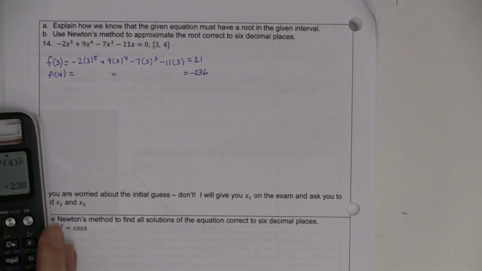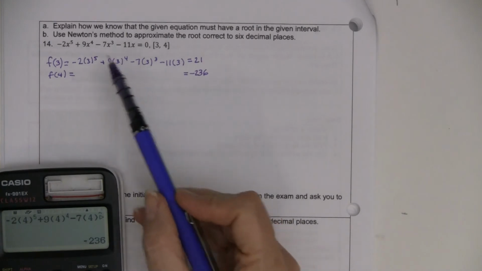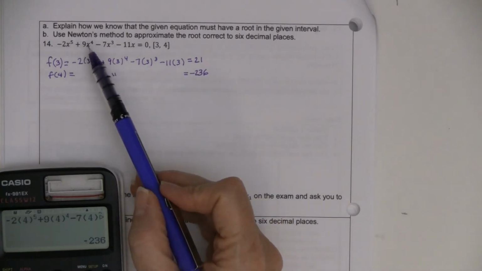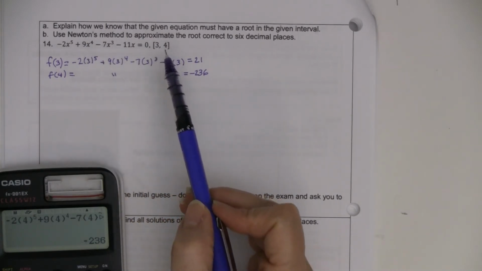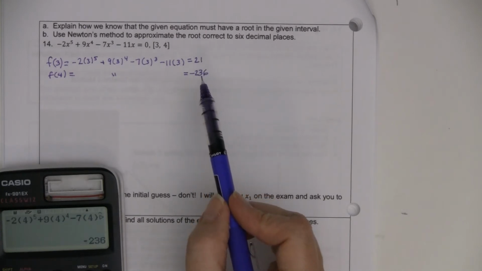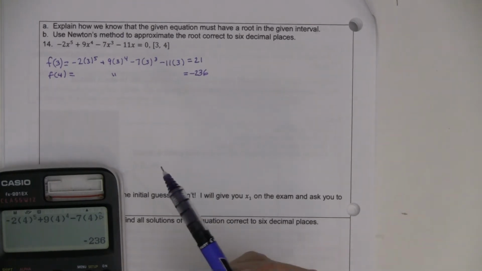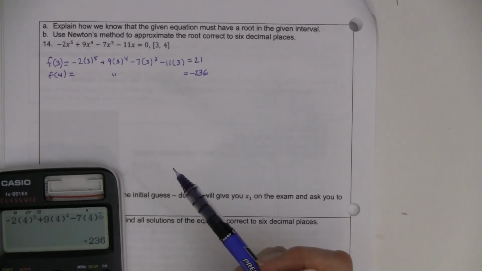So I used that same equation, right, but with 4. And so there's a theorem that says that if this is continuous, and it is, it's a polynomial, and on an interval 3 to 4, if one side is positive and the other side is negative, that somewhere between 3 and 4, it must cross the x-axis. It must be 0.